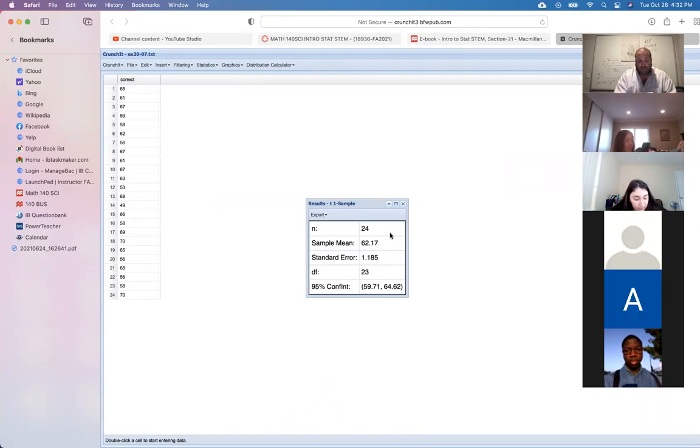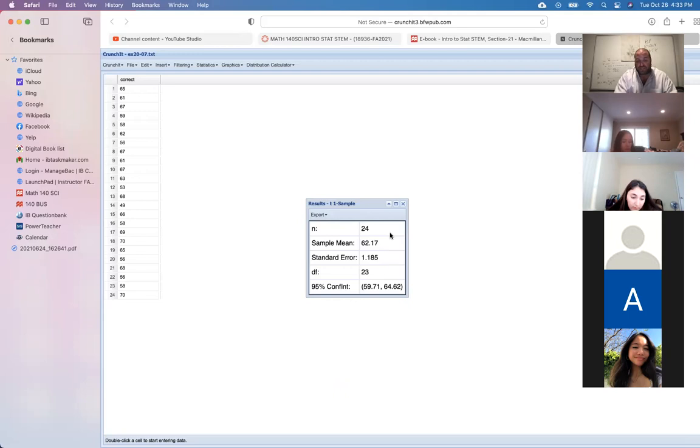Are we going to do data or are we going to do stats? Stats, because I don't want to input the data, although I could, I have it. What am I going to put as X bar? 62.17.